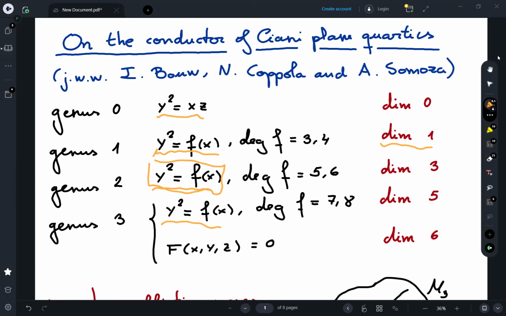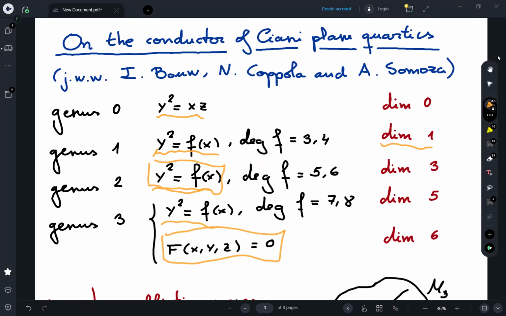They are not hyperelliptic curves. So genus 3 is the first genus for which you find non-hyperelliptic curves. In genus 3, the curves that are not hyperelliptic are given by plane quartics, and it's actually the generic case among the genus 3 curves.